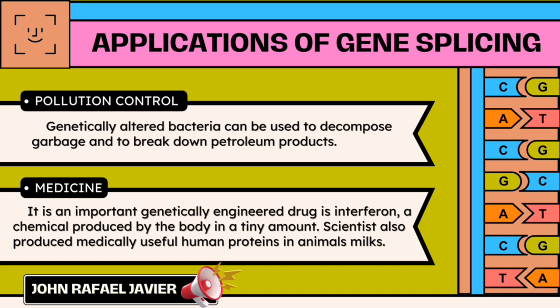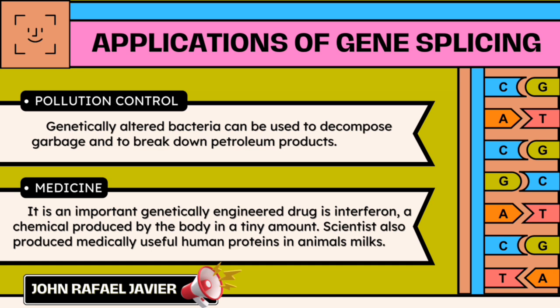Medicine. An important genetically engineered drug is interferon, a chemical produced by the body in a tiny amount. Scientists also produce medically useful human proteins in animal milks. Example of medicine.